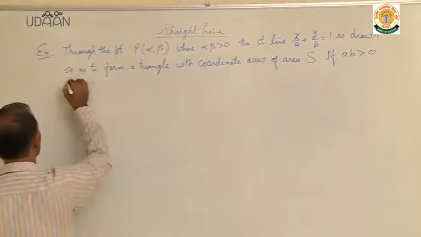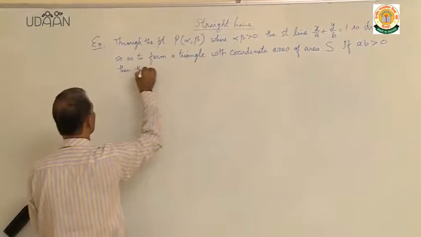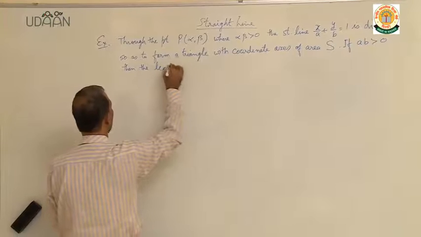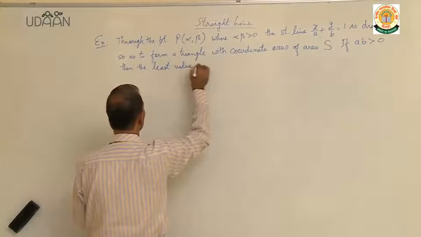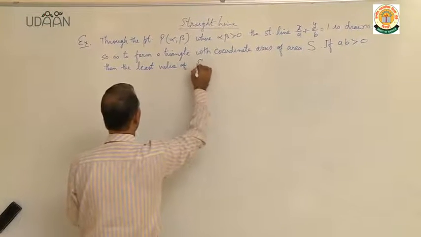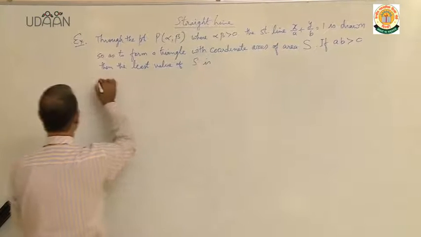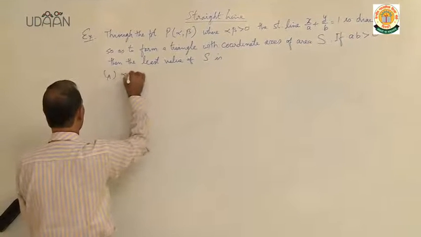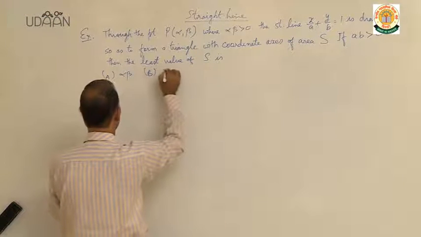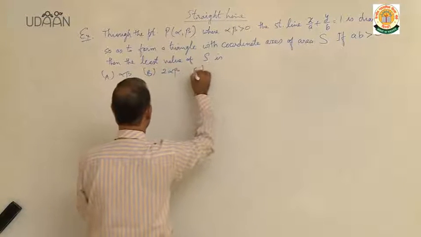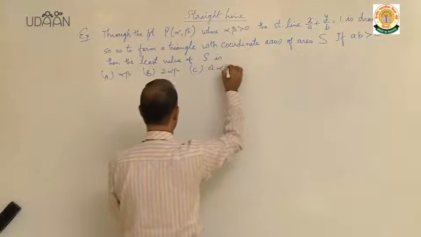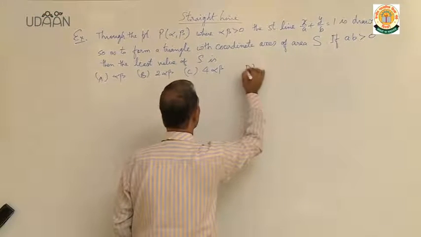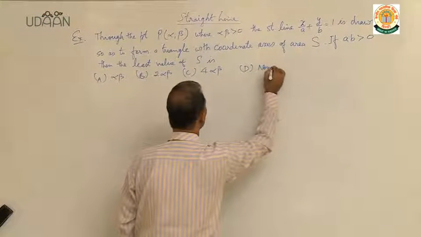Then the least value of S is, options also given here: alpha beta, 2 alpha beta, 4 times alpha beta, and the next option is none of these.